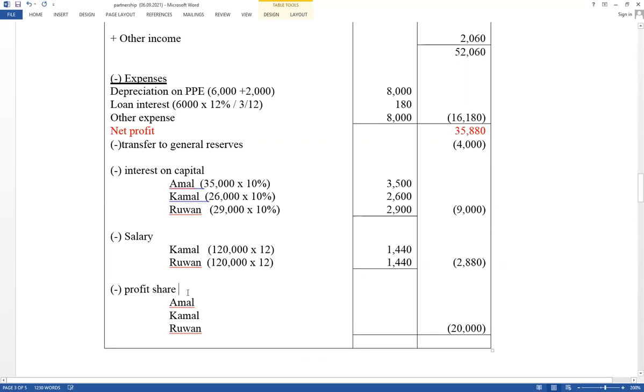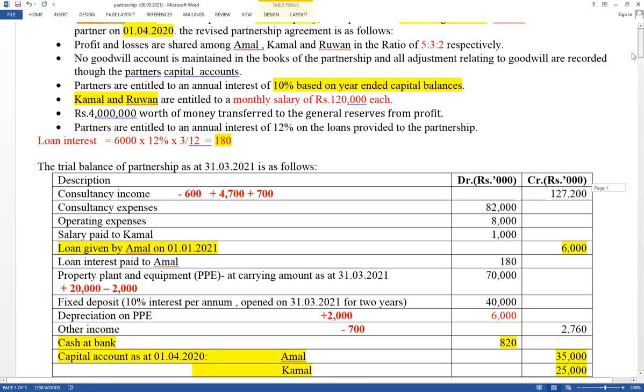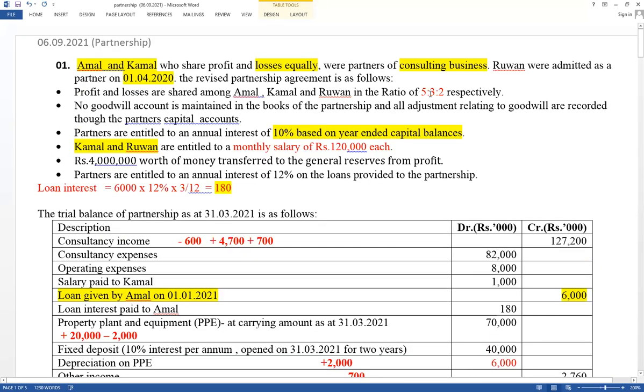Profit sharing ratio. New profit sharing ratio should be applied. Think new profit sharing ratio equal. It has given in the agreements. See the agreements. New profit sharing ratio is given 5:3:2. All three partners available. Admission it has given beginning of the year.